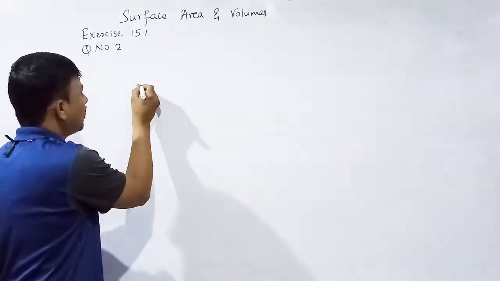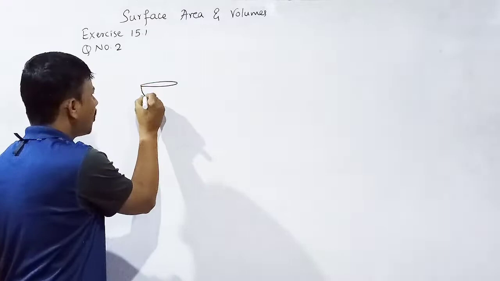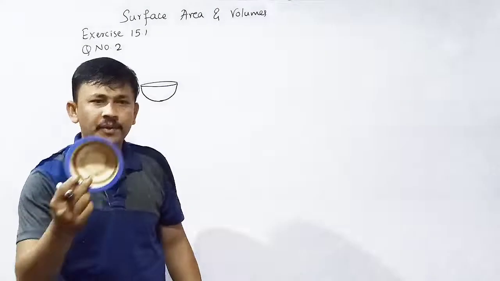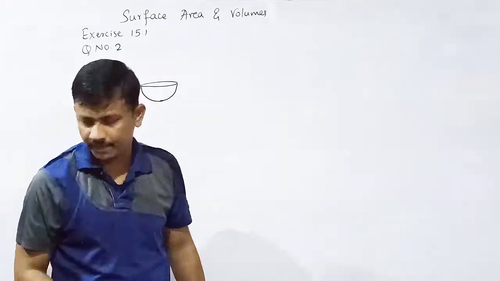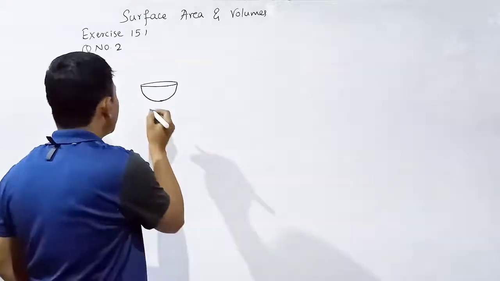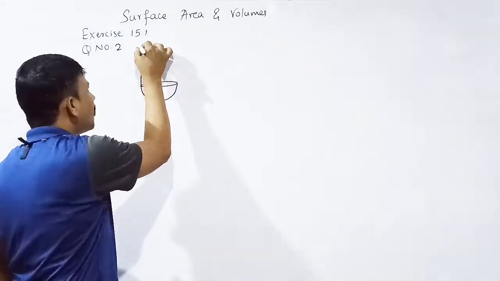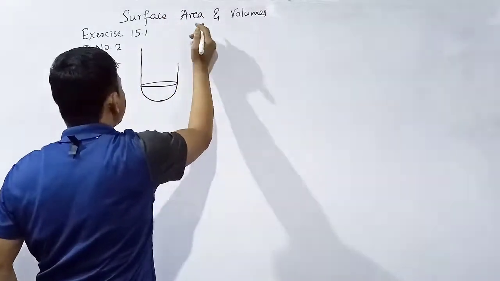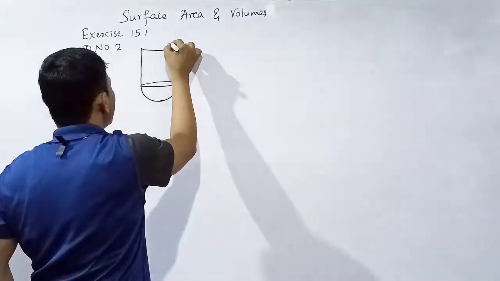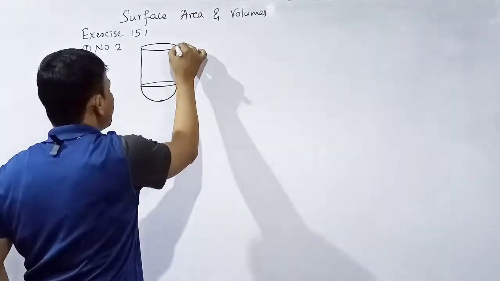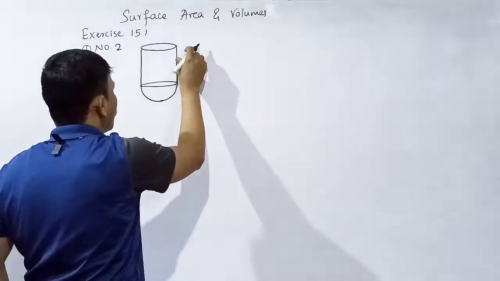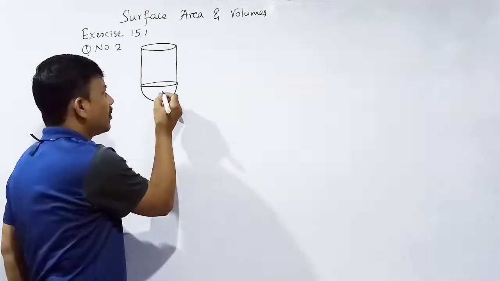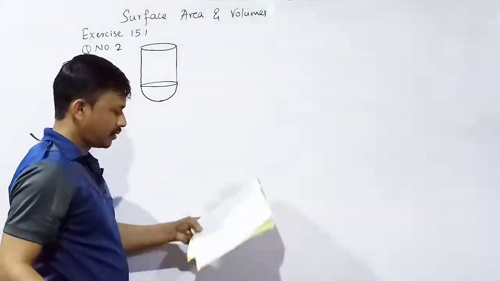They have given a vessel which is in the form of a hollow hemisphere, on which a hollow cylinder is surmounted. Surmounted means which is on the top of the hemisphere. Yes or no? This is the cylinder which is on the top of the hemisphere. Correct? Okay.